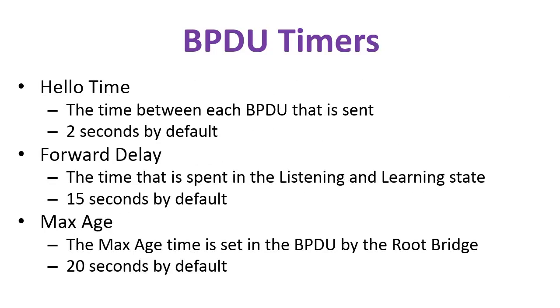The hello time is the time between each BPDU that is sent, and as you know, it is 2 seconds by default. Forward delay is the time that is spent in the listening and learning state, and you definitely learned about those states, or if you haven't learned it already, go back to lesson 3, module 1 video. But you learned about those states in that video. And the forward delay time is 15 seconds by default.